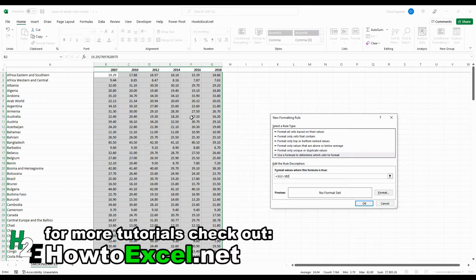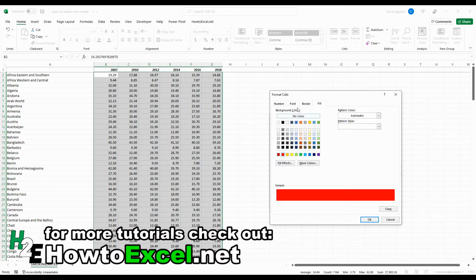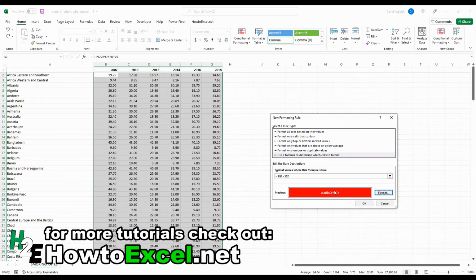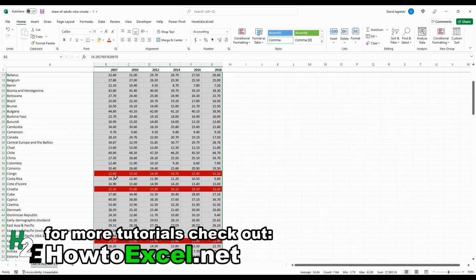So my rule here is saying, okay, if this value is greater than this one, then I'm going to apply some formatting to it. And to make it stand out, I'm going to use a red background with a white font. So it looks like that. It stands out. And as you can see, it's now highlighted that entire range. So you can see here these countries that have higher rates in 2018 versus 2007.